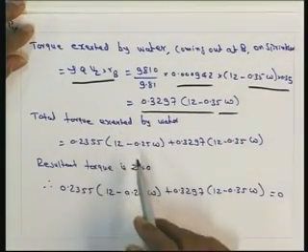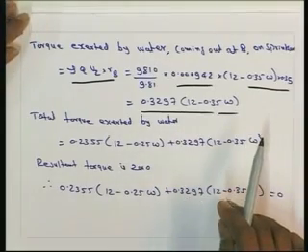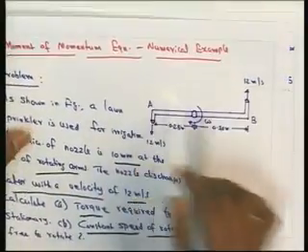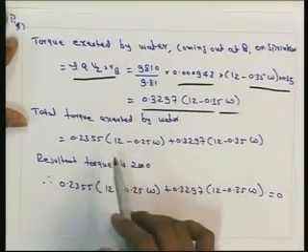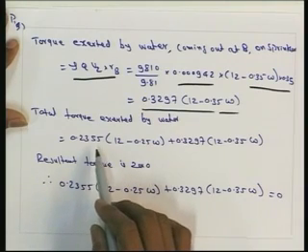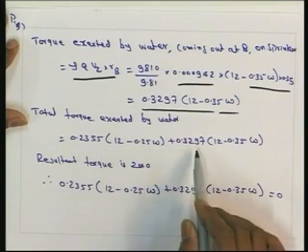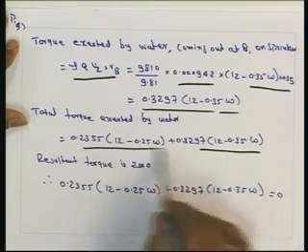So, now the total torque exerted by water we can find out by adding what happens at location A and at location B. So, the total torque exerted by water is equal to 0.2355 into 12 minus 0.25 omega plus 0.3297 into 12 minus 0.35 omega.